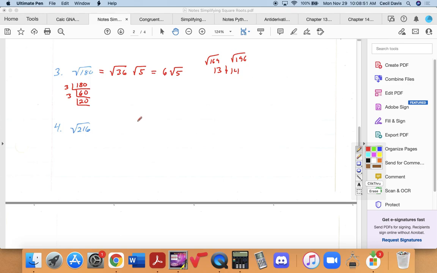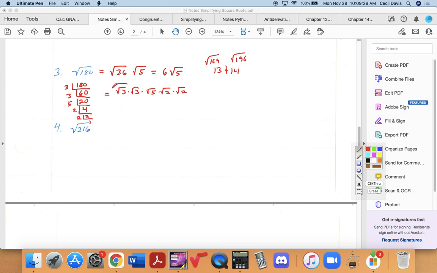Can I divide by 3 any longer? Nope, so I need a different prime number. 5. Okay. 5 goes into 20 4 times. Can I divide by 5 again? No. So I'm going to switch to 2. 2 goes into that twice. And then again. So I've got the square root of 3 times the square root of 3 times the square root of 5 times the square root of 2 times the square root of 2.